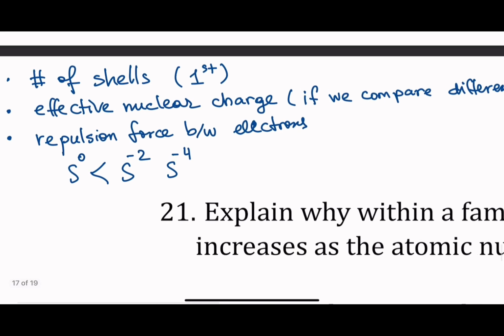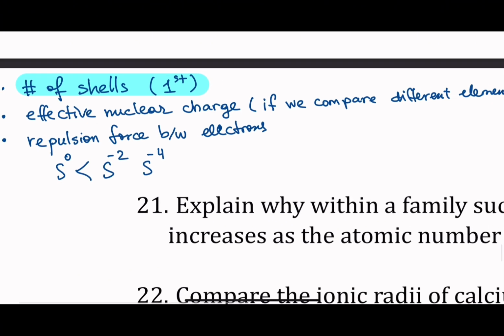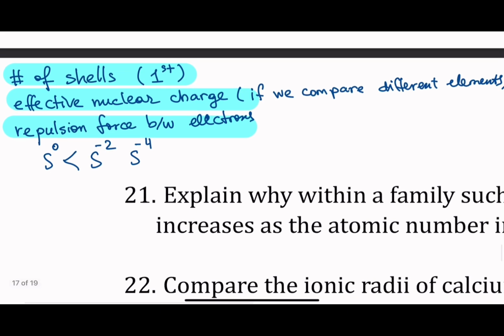So three factors, you need to keep it in mind, okay? So the first, most important, is the number of shells. If you compare just two different atoms, you need to include the effective nuclear charge. But when you talk about different ions, you also need to include repulsion force between the electrons.